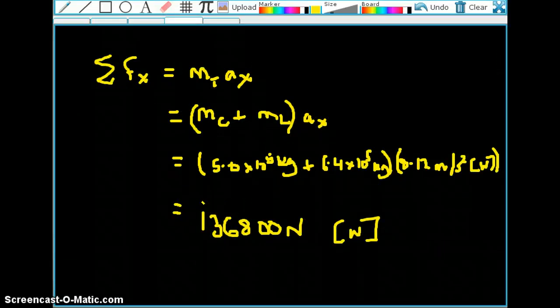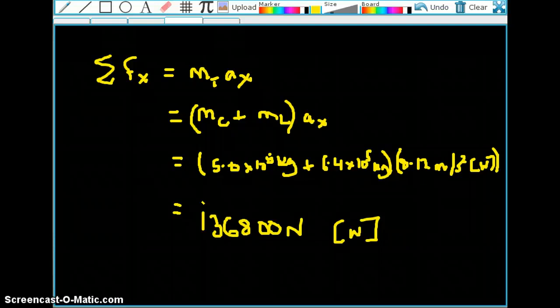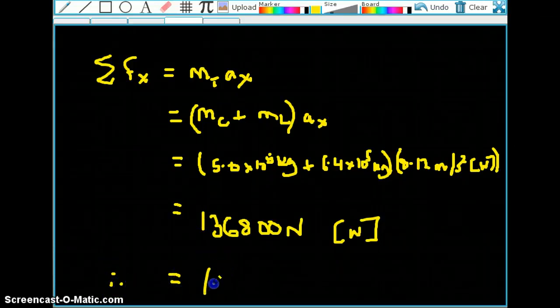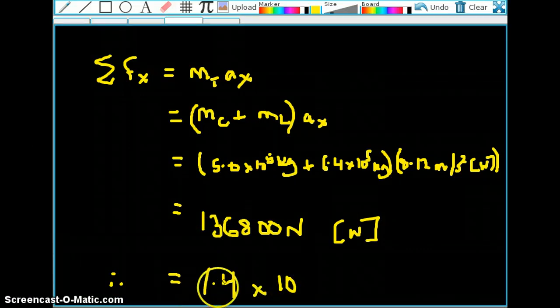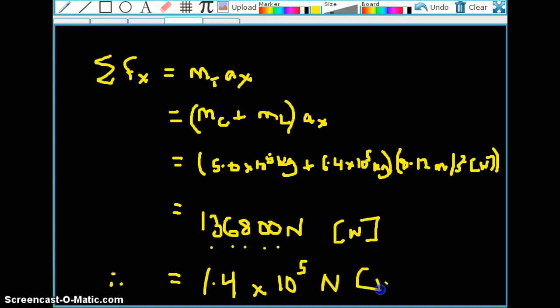You want to round it off to two significant digits, and the easiest way to do this is by putting it into scientific notation. In this case, the final answer should be 1.4, giving you your two significant digits, and then after the 1 you have 5 more decimal spots, newtons to the west.